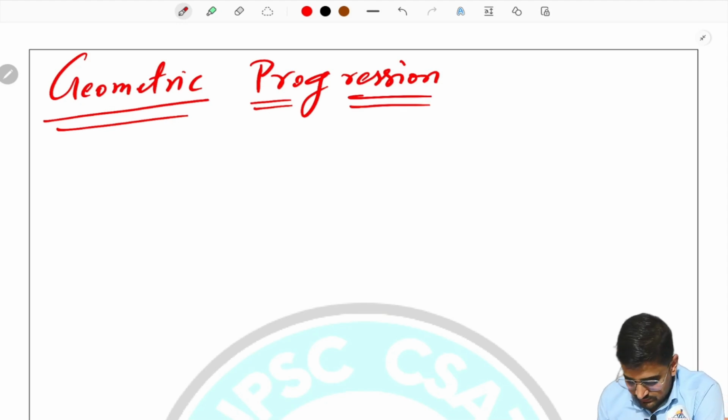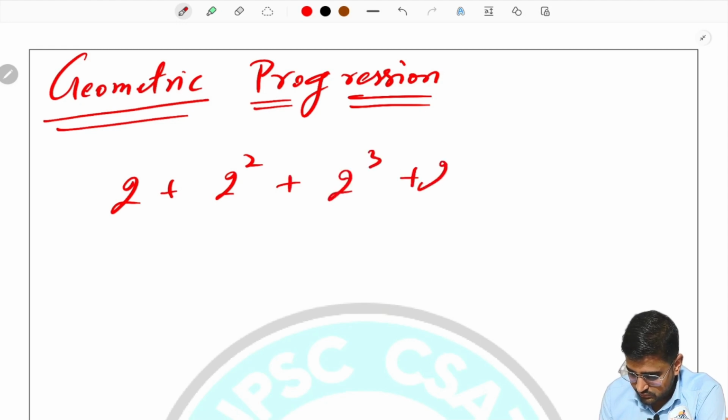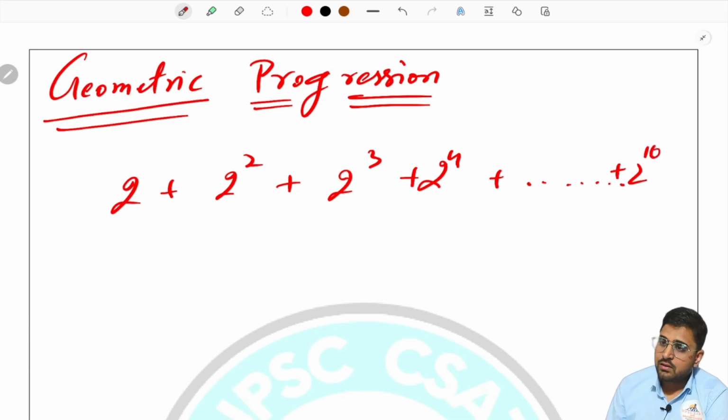So what is this? Basically, let us again take a simple number, 2 plus 2 squared plus 2 cubed plus 2 to the power 4 plus up to 2 to the power 10. For the time being we are taking this.